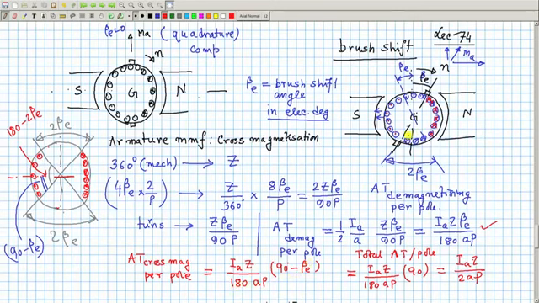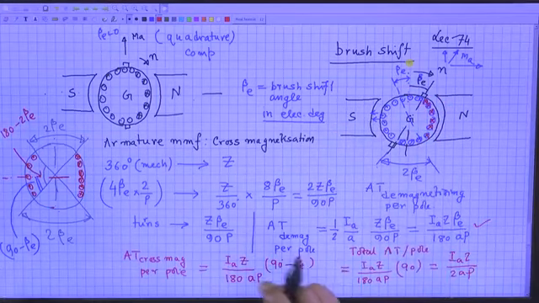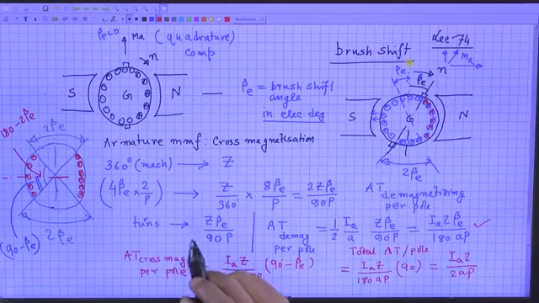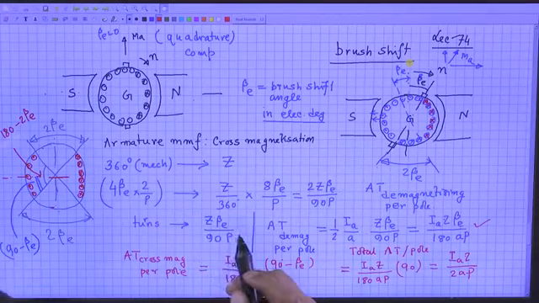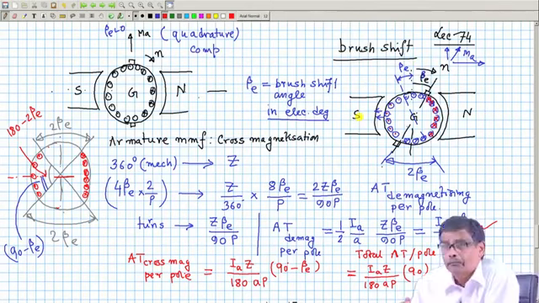Cross magnetizing is this. If I want to nullify that MMF, I will put some interpole there also. Similarly, the demagnetizing ampere turns this way, if I want to reduce its effect, what should I do? Compensating winding.